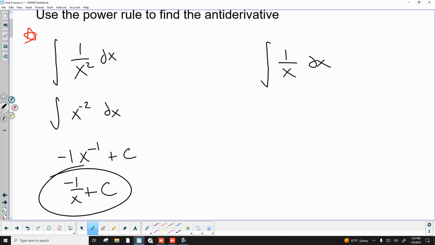I need everybody using the same procedure. I need everybody to try to take the antiderivative of 1 over x. Rewrite it, power rule it, go for it.